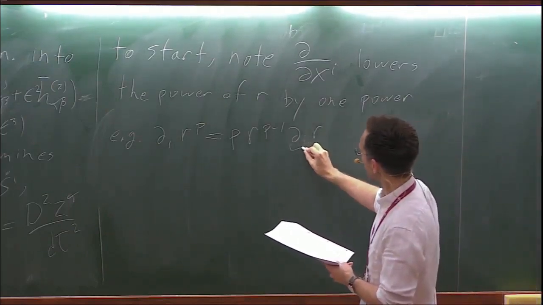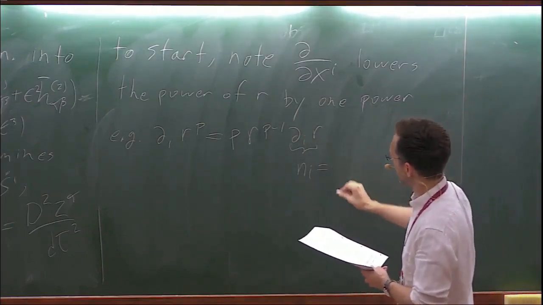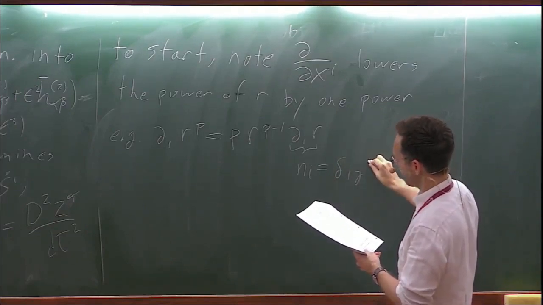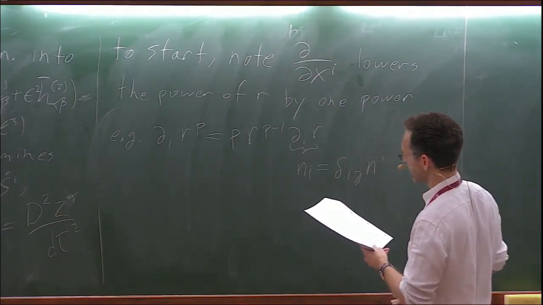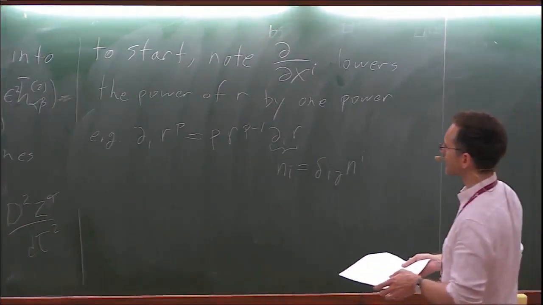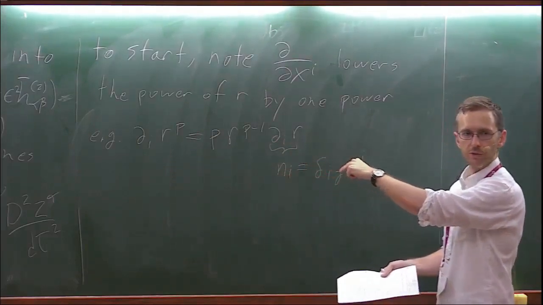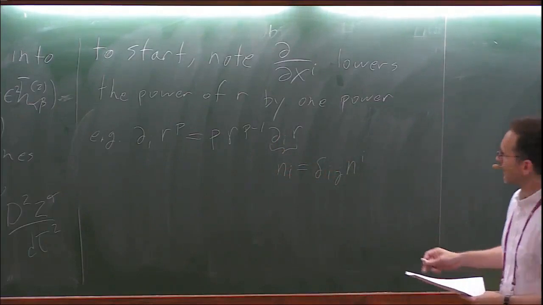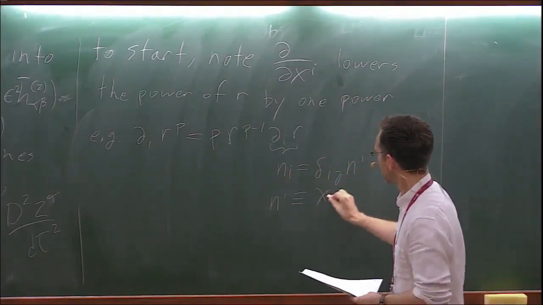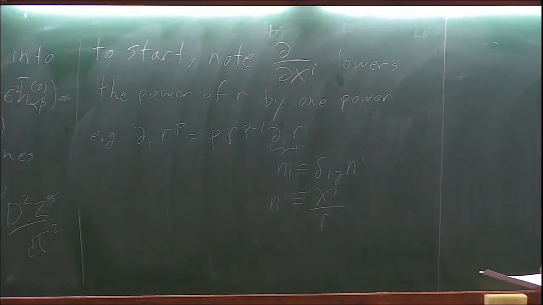And this derivative of r is that unit vector n_i, but just with index lowered using Kronecker delta. I think I actually asked you to establish this as one of the exercises. So n^i with index up is defined to be just a coordinate x^i over the distance r.